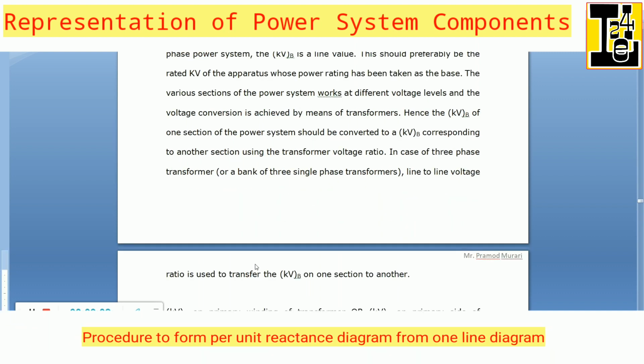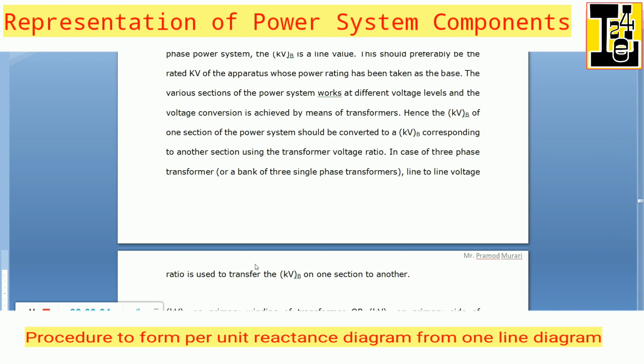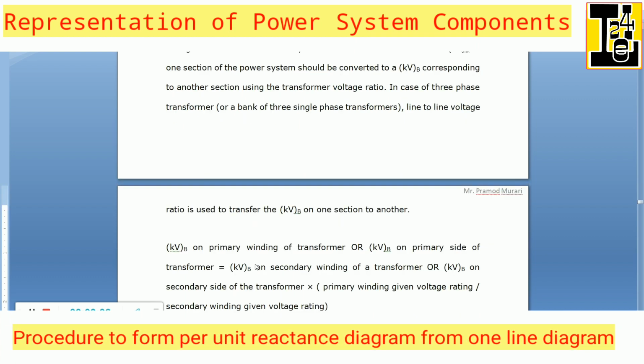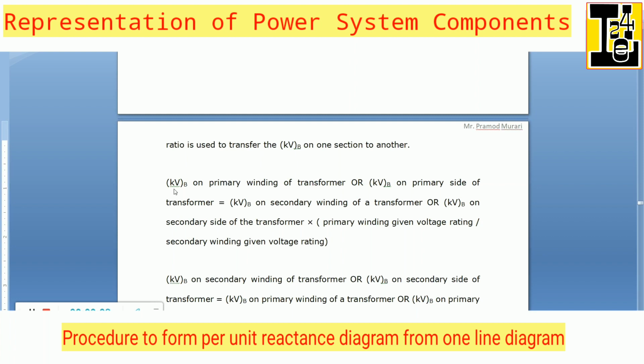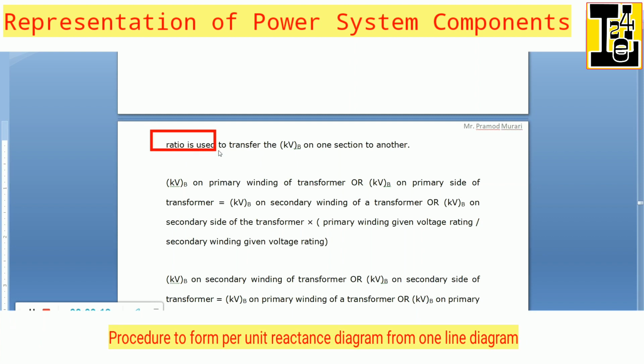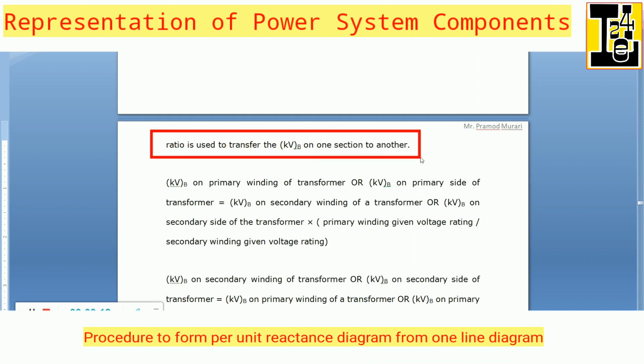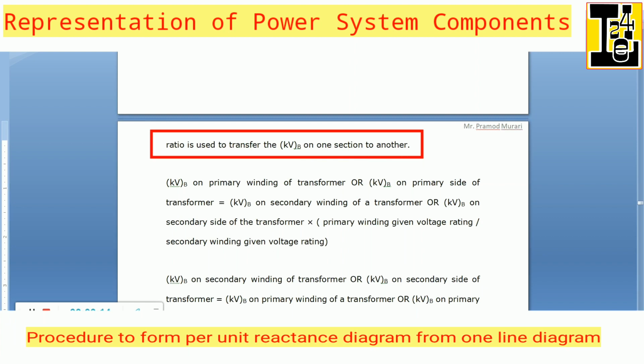In case of a three-phase transformer or a bank of three single-phase transformers, the line-to-line voltage ratio is used to transfer the kV base from one section to another section.